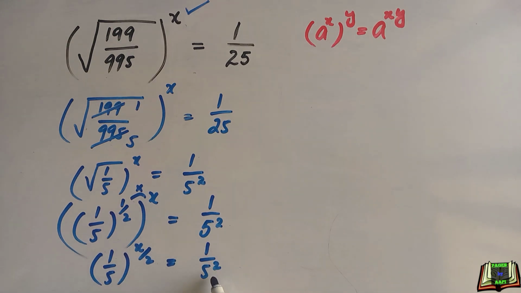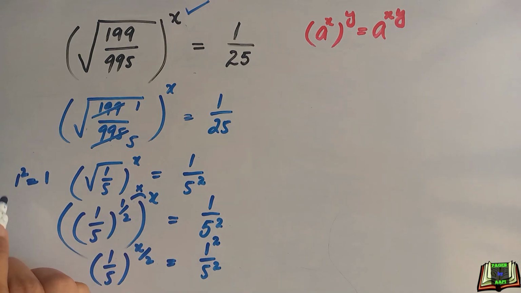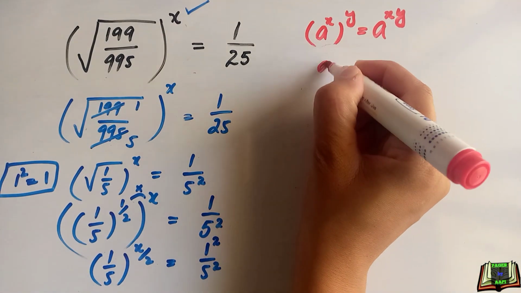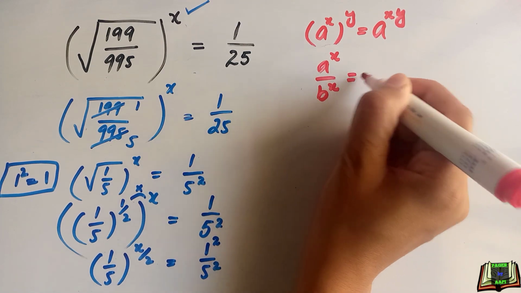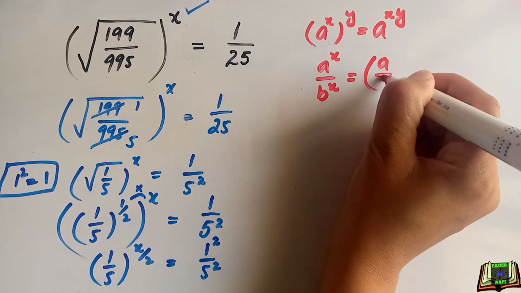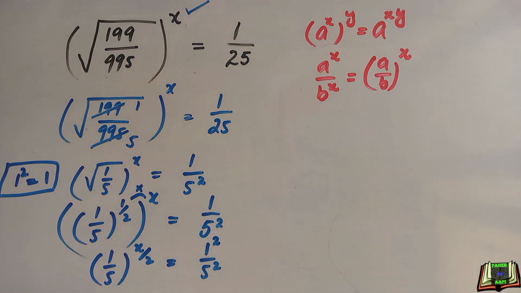Now look, we can write this 1 as 1 to the power 2 because 1 to the power 2 is again equal to 1. And here we are going to use another rule that says if a to the power x over b to the power x, then we can write it as a over b whole power x because they both have the same power.